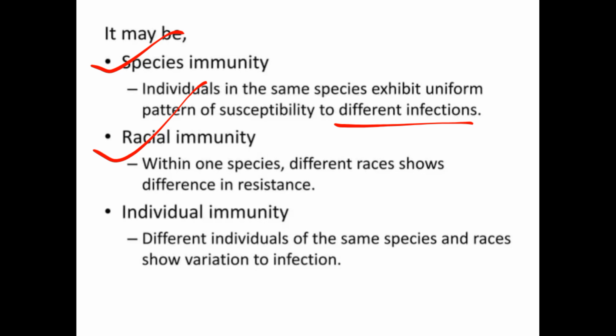Then individual immunity. Some people have been seen to develop some kind of immunity towards some specific diseases, towards specific pathogens, towards specific microbes. This is called individual immunity. The different individuals of the same species and race show variation to the infection.